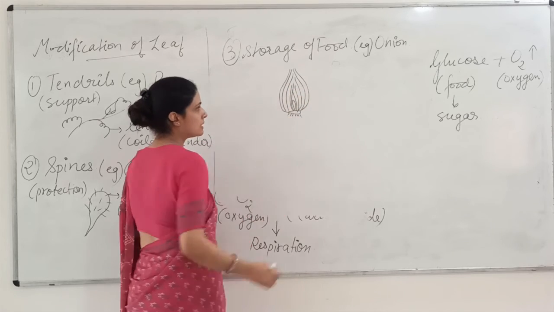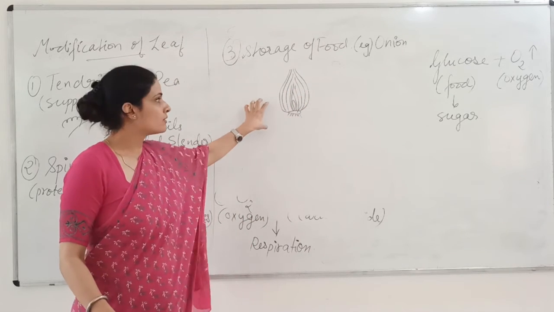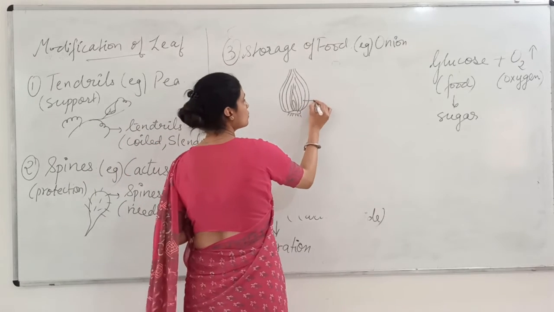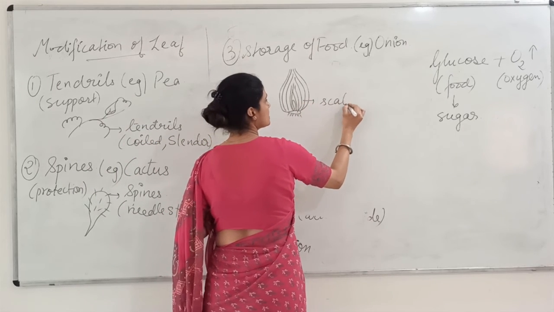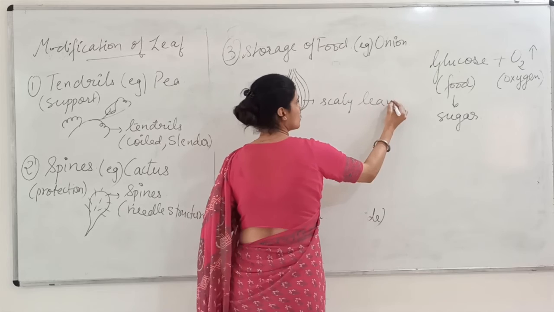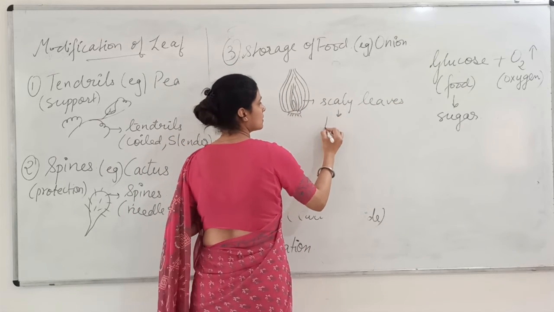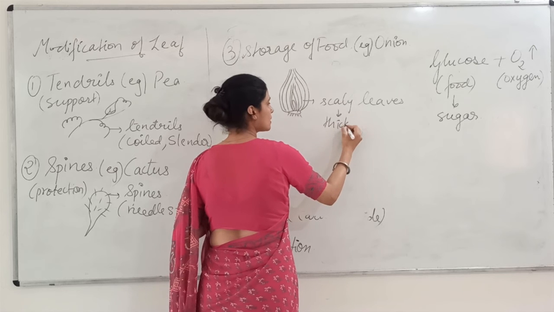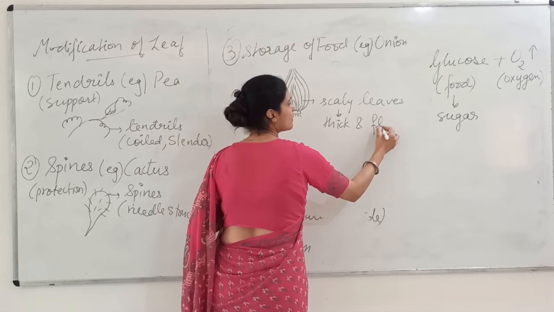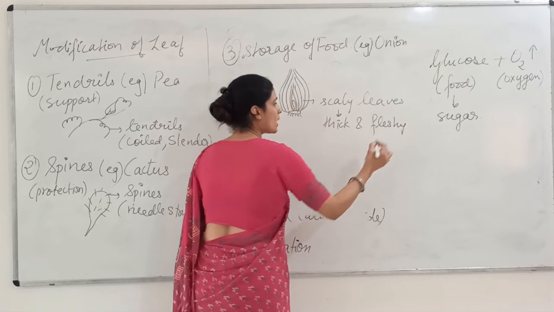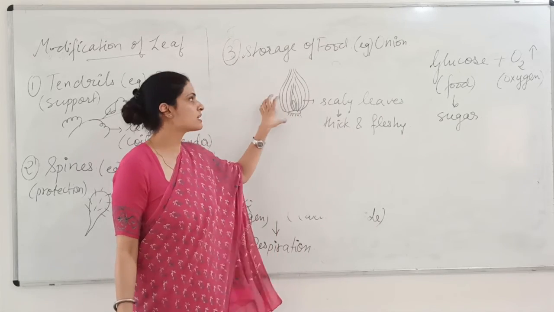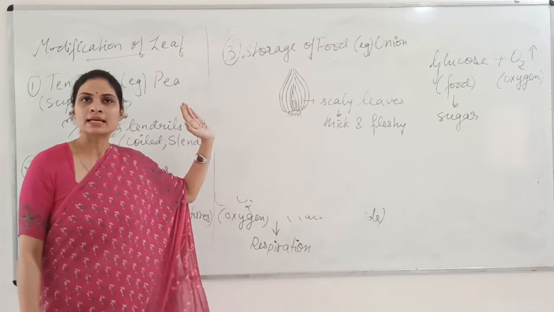So the leaves of the onion get modified into scaly leaves which are thick and fleshy. Why are they thick and fleshy? Because they store food inside them.